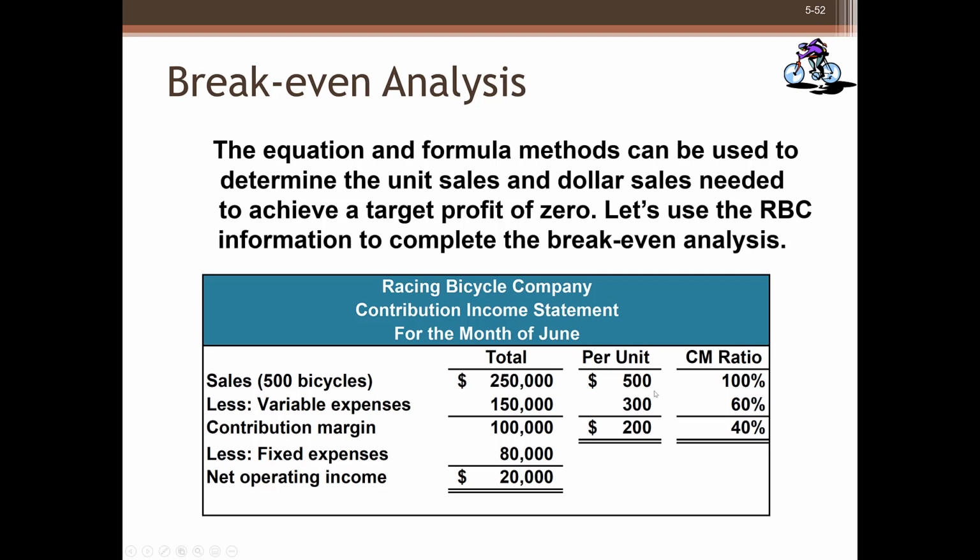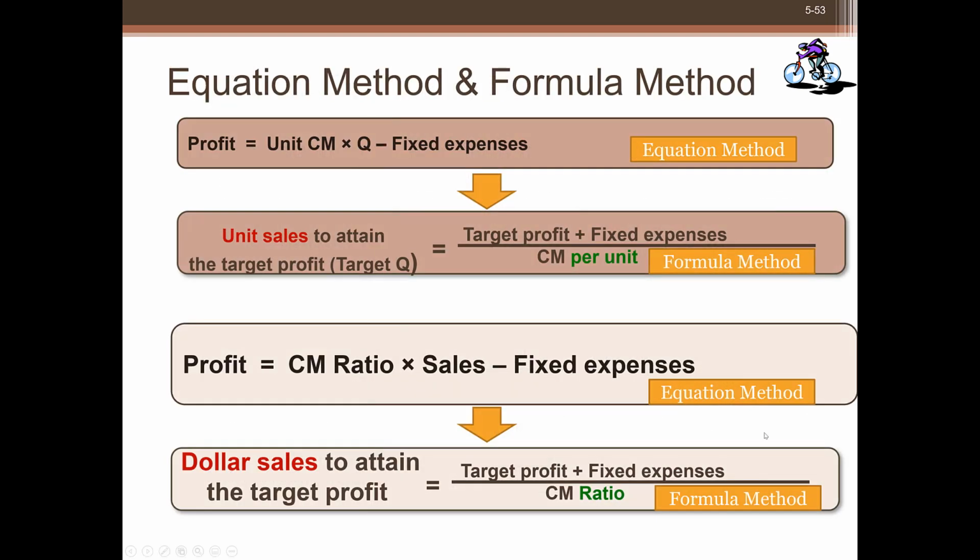Selling price per unit $500, variable expenses $300, contribution margin per unit $200, and then contribution margin ratio, which is 40%. Okay, now for the equation method and formula method, we can solve Q, which is quantity, and sales, which is dollar amount.